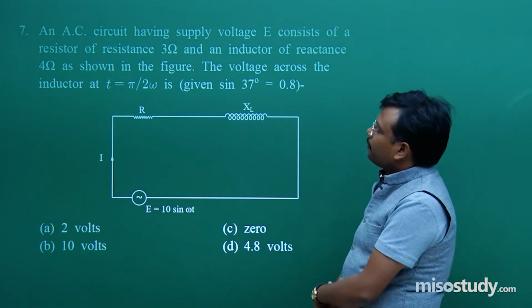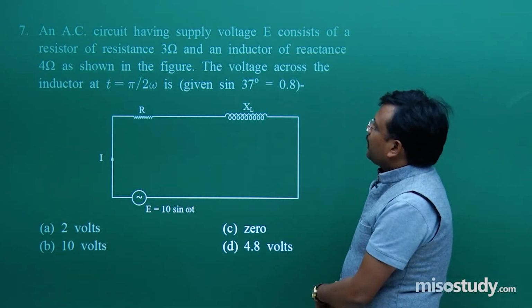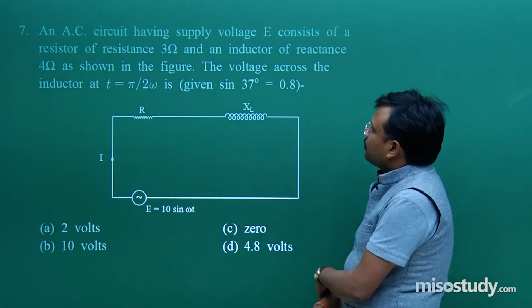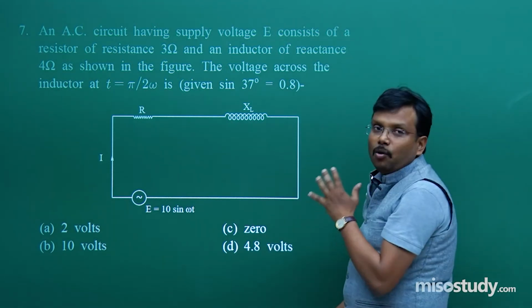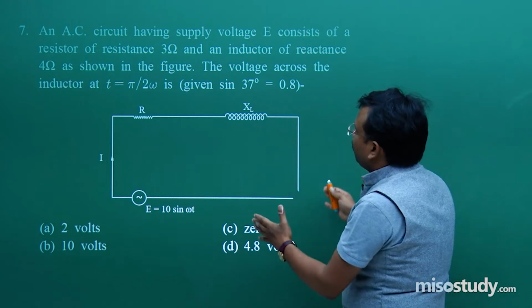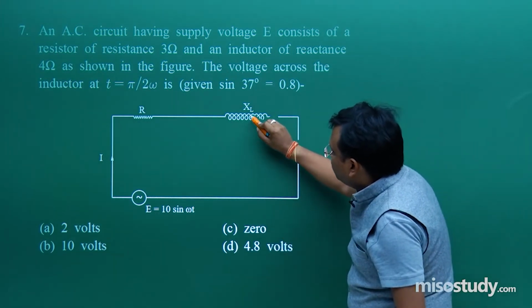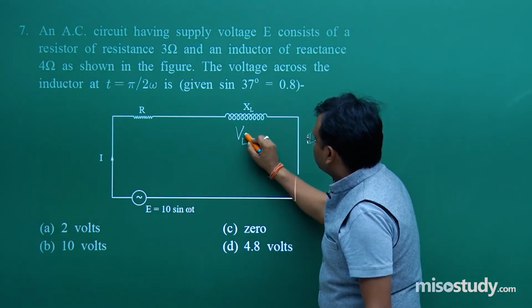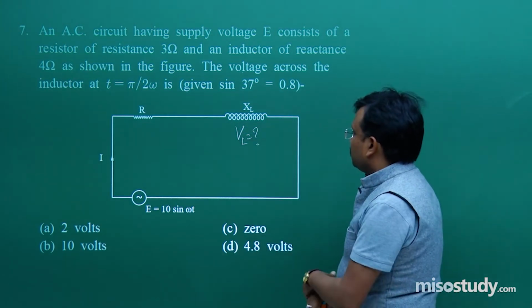Let me once more explain it. AC circuit having supply voltage E and it consists of a resistor of resistance 3 ohm. So, now we have to find the voltage across this VL, that is the target. Fine.